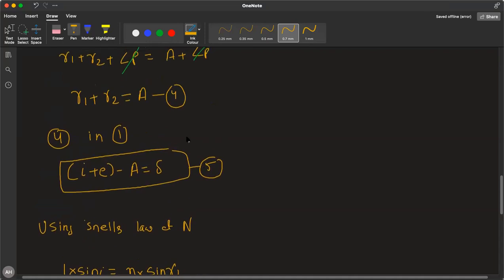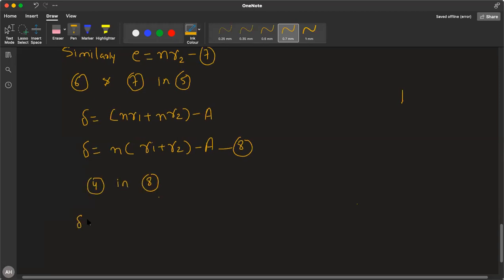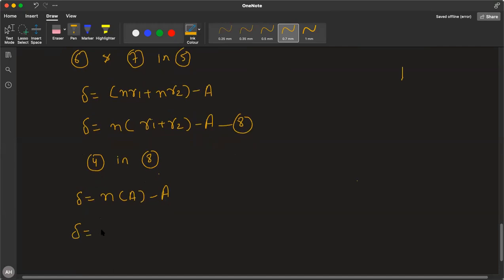We can substitute this 4 in it. So we get delta is n, R1 plus R2 is A, minus A. So we'll get delta is A into n minus 1.